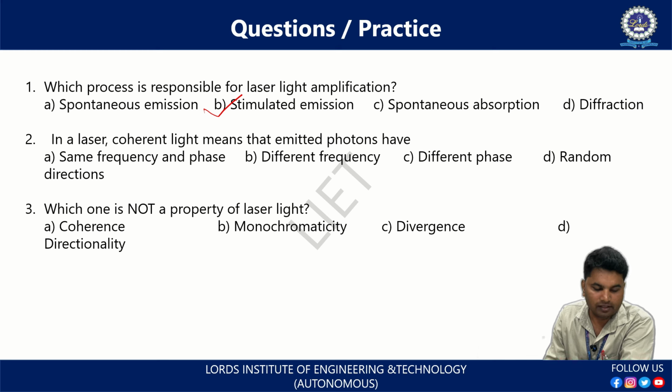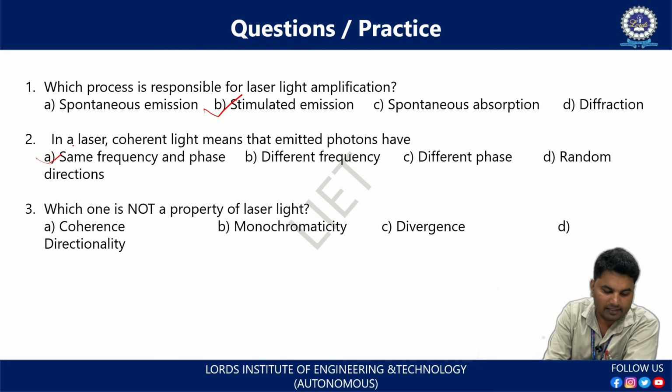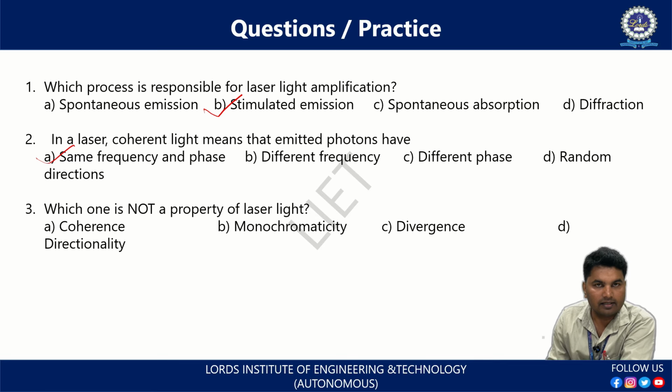In a laser, coherent light means that emitted photons have: options are same frequency and phase, different frequency, different phase, random direction. And the correct answer is same frequency and phase.